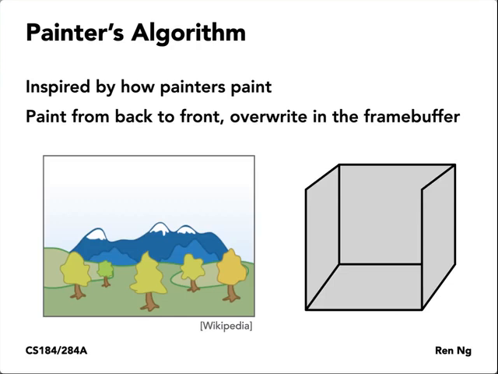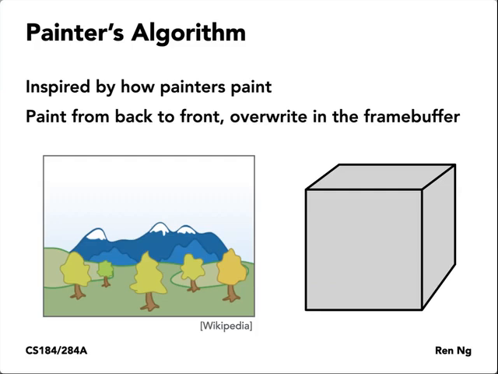Otherwise, the occlusion in this triangle here wouldn't be correct. And then you can draw the top, and you can only draw the front after you've drawn quite a few of the others. So the ordering of the visibility is like a depth sorting, in this case from back to front. And you have to draw or emit all those triangles in the scene from back to front if you're going to follow a painter's algorithm.